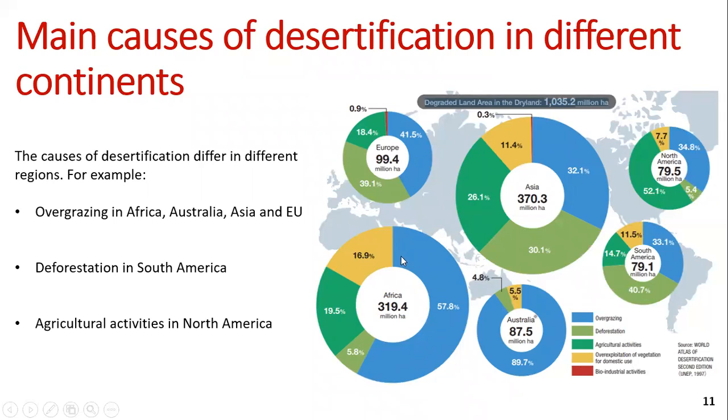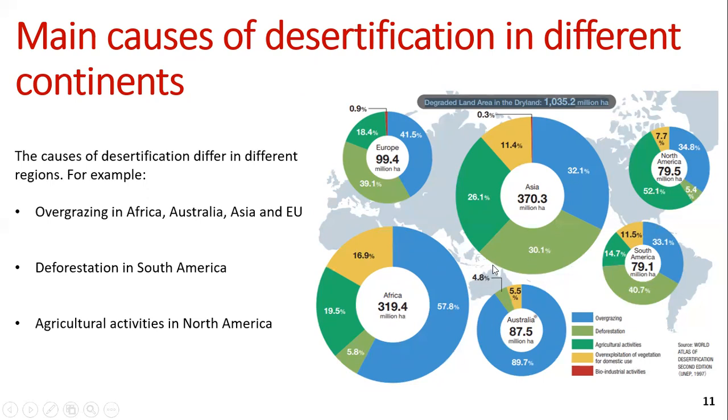If you look at Africa, you can find also overgrazing. If you look at this place, you can find also that you have overgrazing. If you look at South America, you can find that you have this green one, which is deforestation. If you look at North America, you can see that you have this green color, which is the agricultural activities.